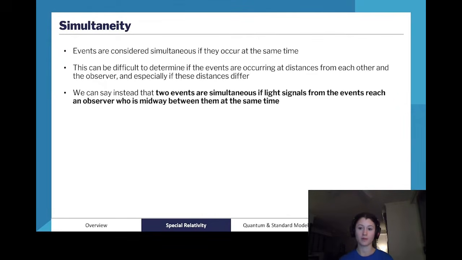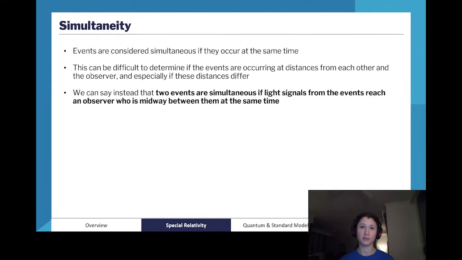Alright, now getting on to simultaneity. Events are considered simultaneous if they occur at the same time.